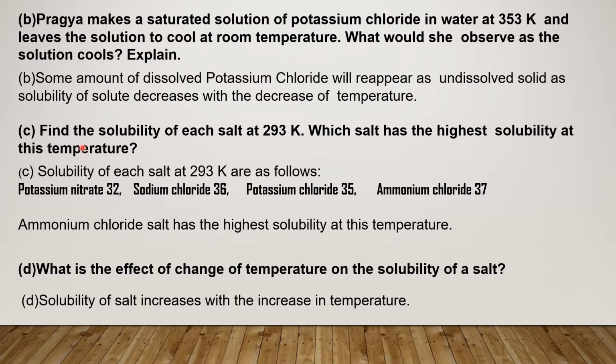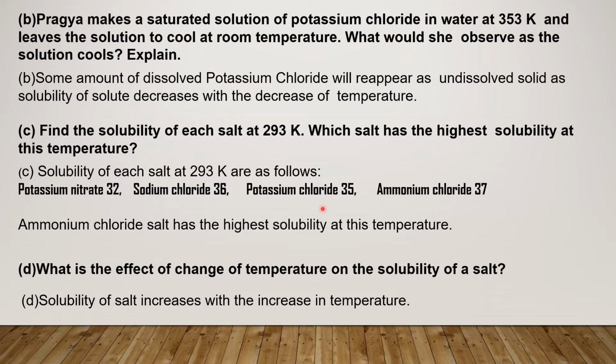And C is, find the solubility of each salt at 293 Kelvin. So all of you see that table, 293 Kelvin in your textbook. Which salt has the highest solubility at this temperature? So first we see the solubility of each salt. Potassium nitrate is 32, sodium chloride is 36, potassium chloride 35 and ammonium chloride 37.